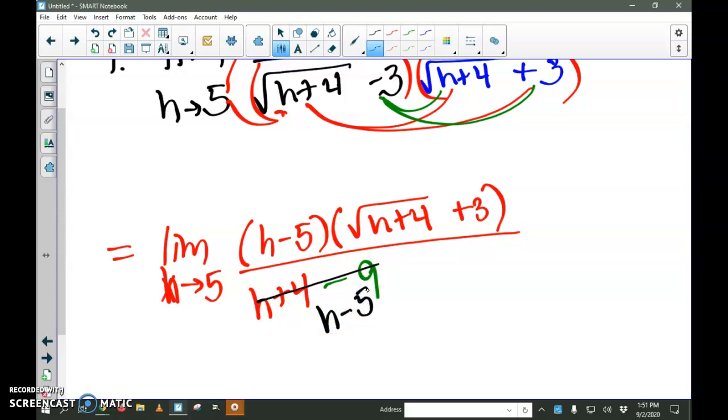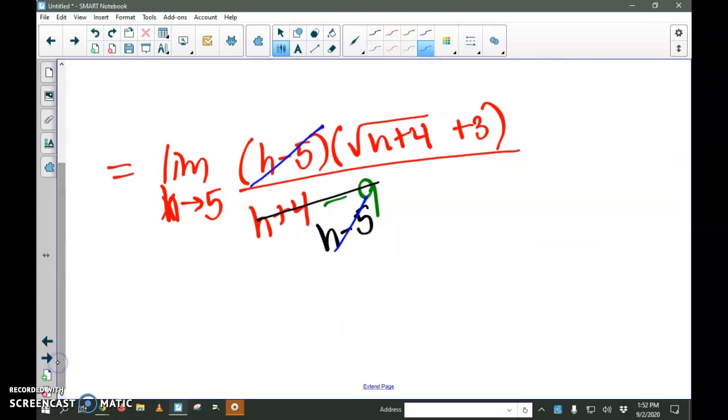And why is that interesting? Hopefully you're talking to the screen and saying, Hassler, it's interesting because I have the same expression in the numerator and denominator, so I can divide them out. You would be correct. All right, I'm not applying the limit yet.